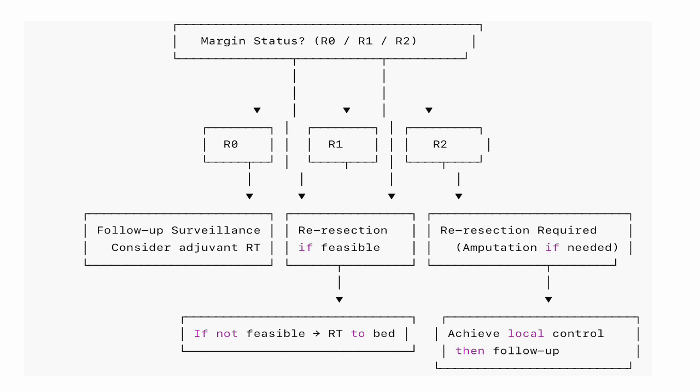If not feasible, then radiation therapy to the surgical bed can be done, and there is a landmark randomized trial where the local recurrence with RT is shown to be 1.4% and local recurrence without RT is 23.9% in R1 cases. In case of R2, re-resection or amputation is the way to go. RT won't control the local recurrence in these cases.